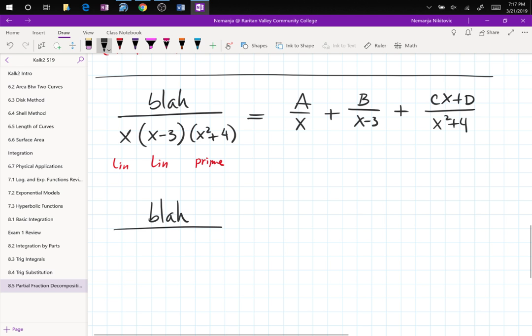Something over, let's go with x minus 2 times x squared plus 3, squared. Whatever. Done.